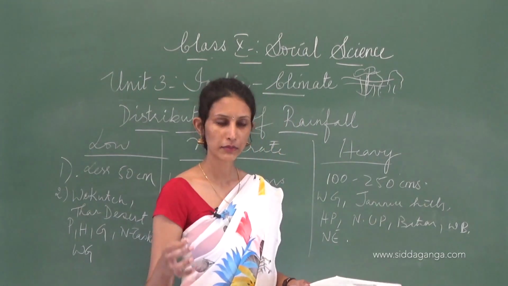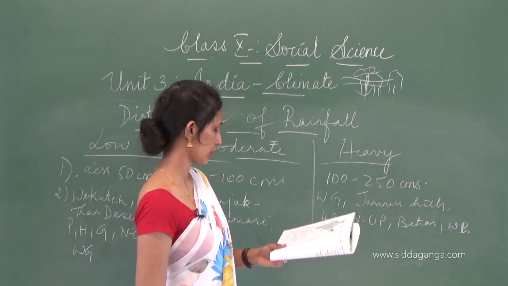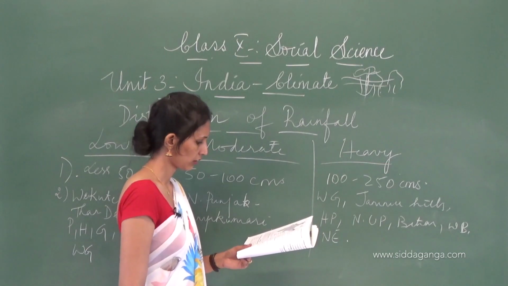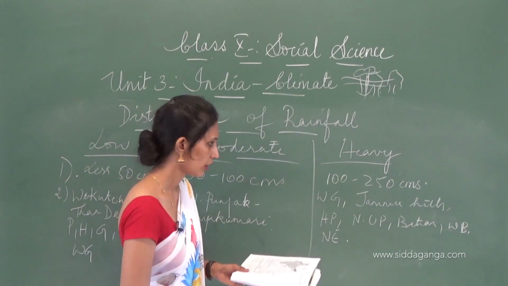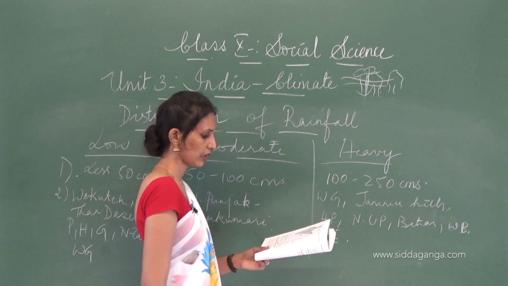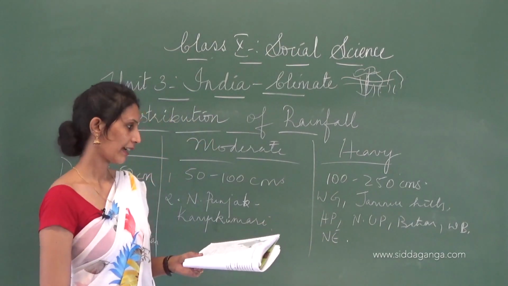In that, Mawsynram in Meghalaya gets the heaviest rainfall.